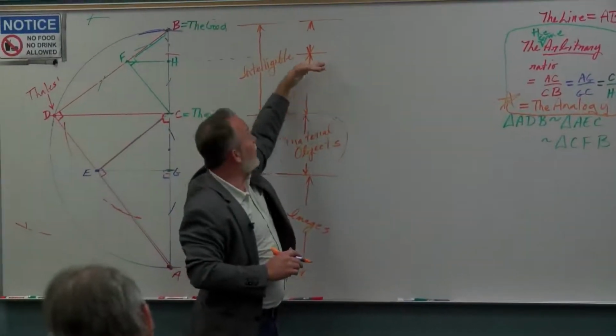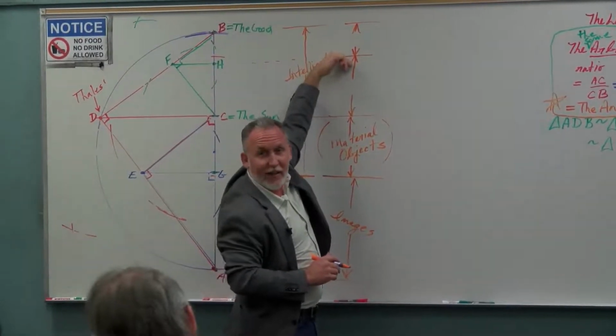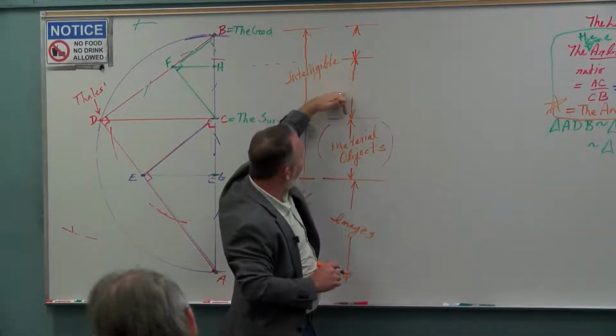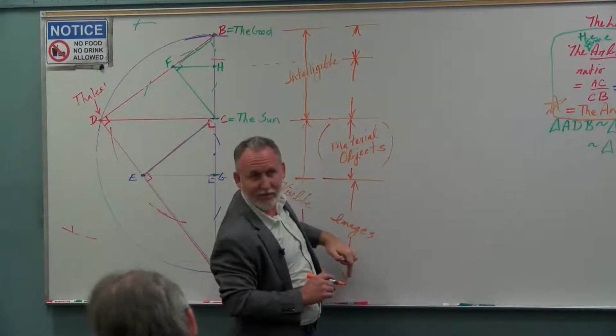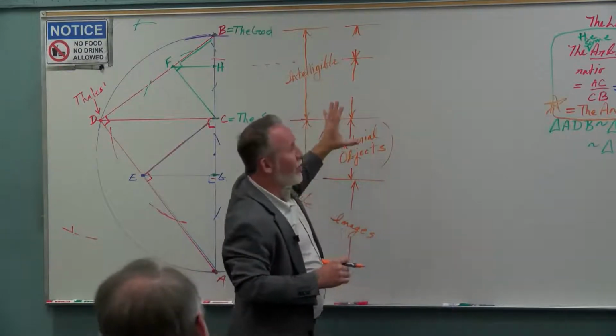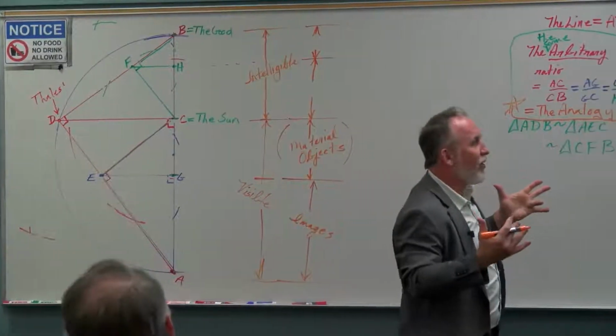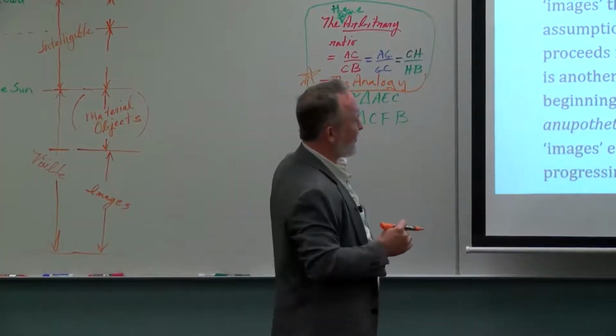We start with a hypothesis, and then we proceed downward into the physical world. And so that's the way that we think when we do hypothetical thinking, what we normally would call science.